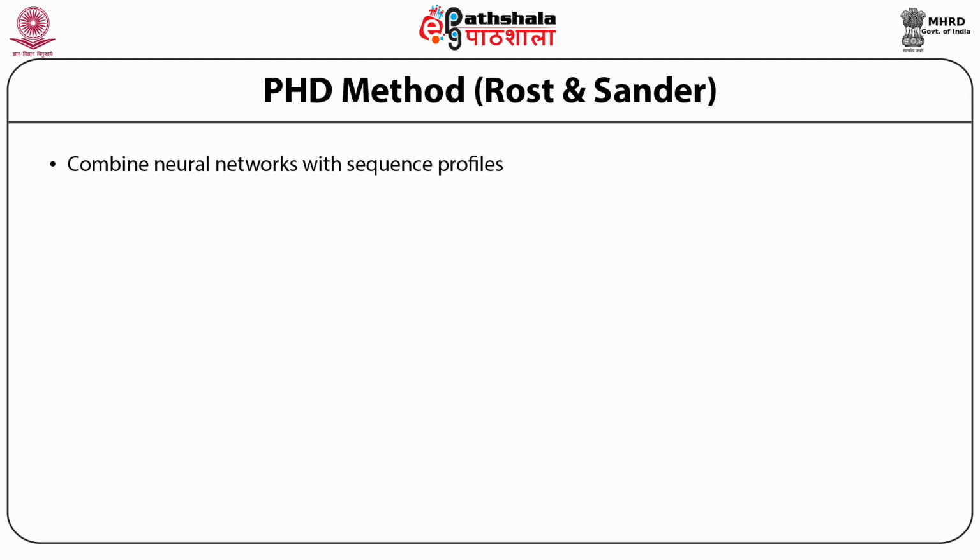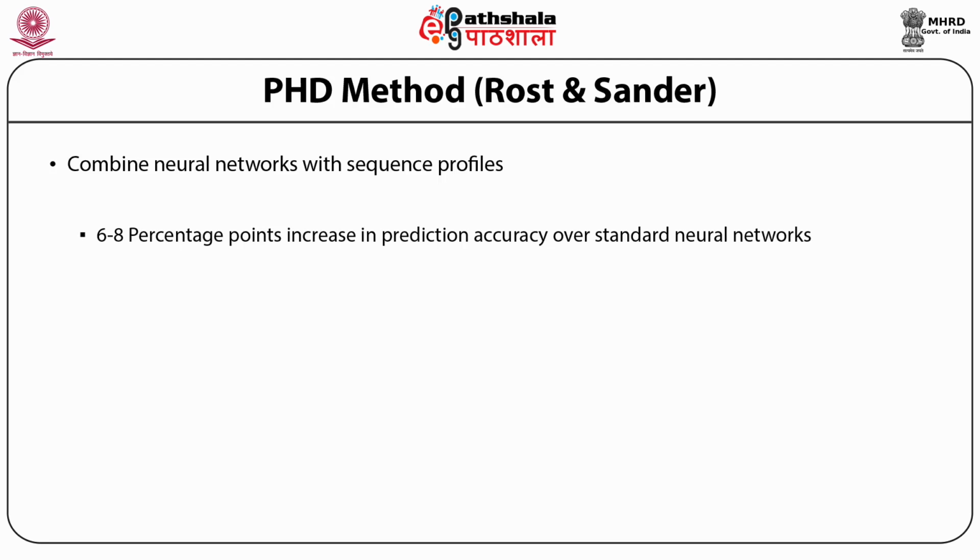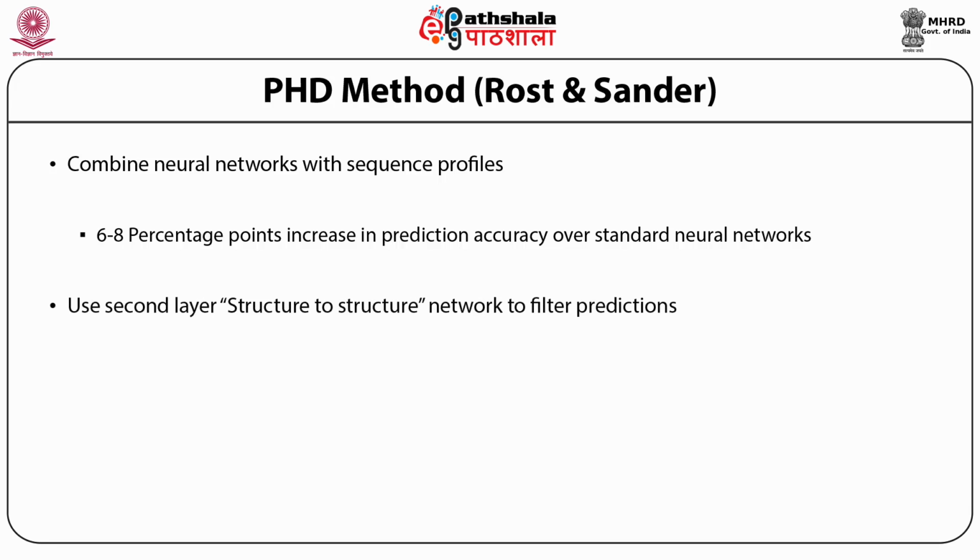One sees about a 6 to 8% increase in performance over just using neural networks. That is, if we use the neural network and the sequence profiles, then you get about 6 to 8% better. And also the networks are divided.